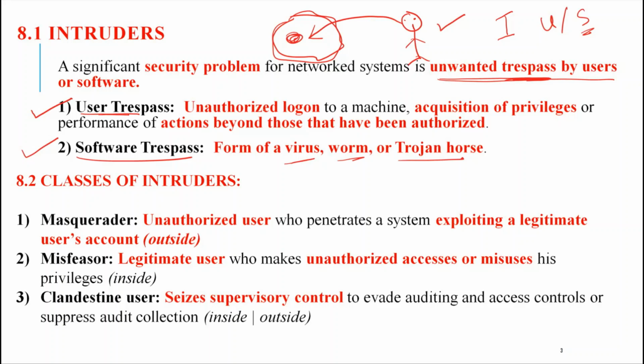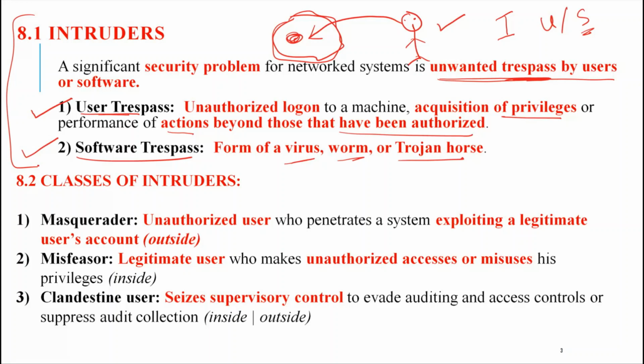He is going to acquire all the privileges, then he is going to do actions which are not authorized to him. So he is going to be the intruder. So what we understand from this part is who is an intruder and what are the two different types, that means the user trespass and software trespass.